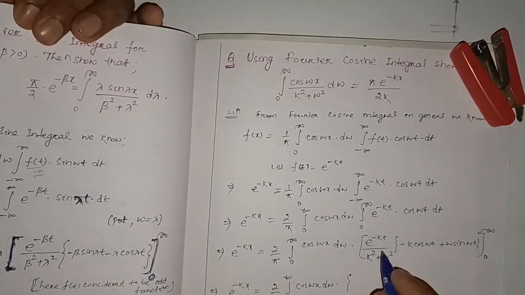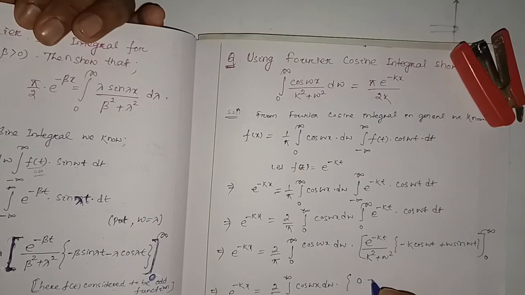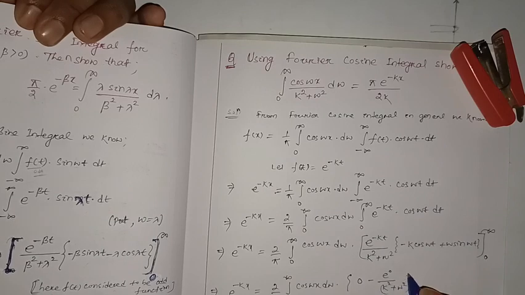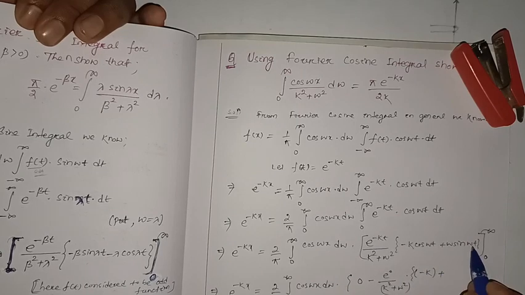Here you can see, the first term will be 0 minus the second term. The second term is e to the 0 by k square plus omega square, into this value will be minus k plus this value. If I put t over here, sine 0 is 0, right?